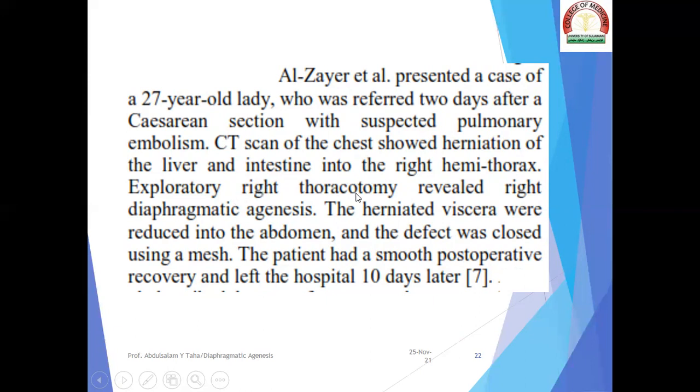Exploratory right thoracotomy revealed right diaphragmatic agenesis. The herniated viscera were reduced into the abdomen, and the defect was closed using a mesh. The patient had a smooth post-operative recovery and left the hospital 10 days later.